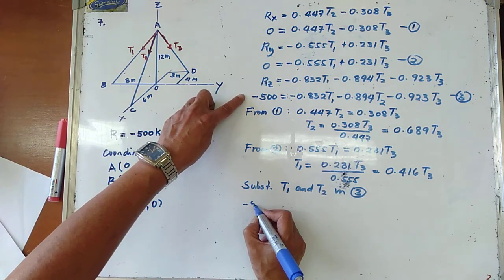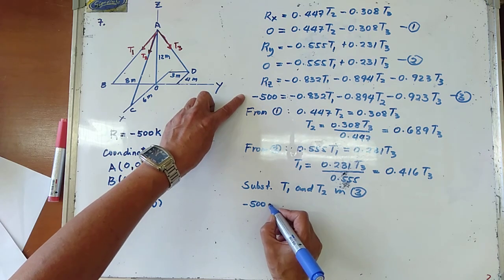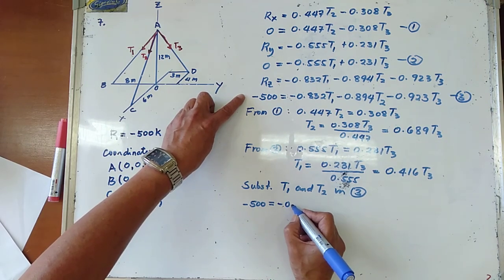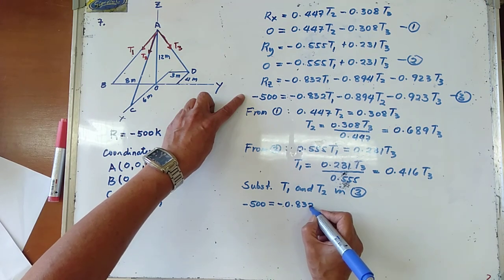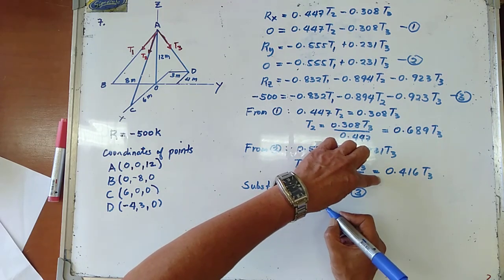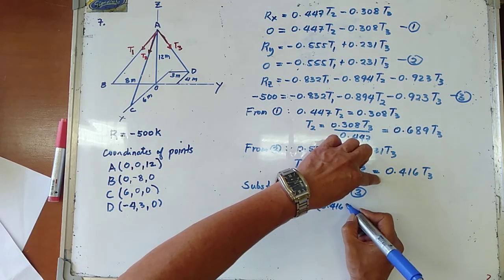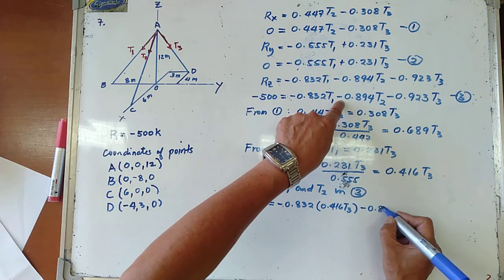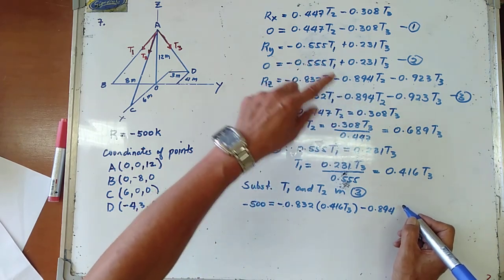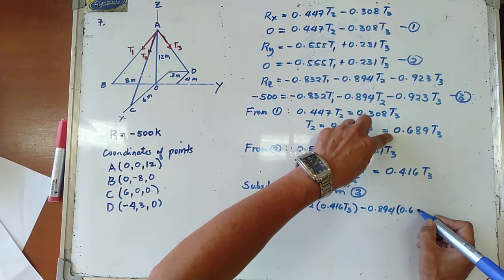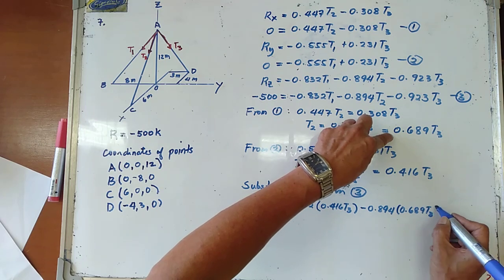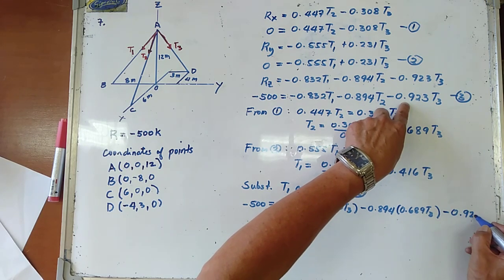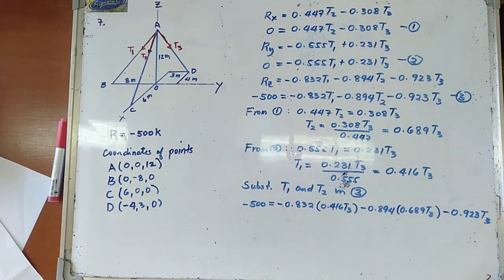So we have negative 500 is equal to negative 0.832, your T sub 1 is 0.416 T3, then minus 0.894, your T sub 2 is 0.689 T3, minus 0.923 T sub 3.